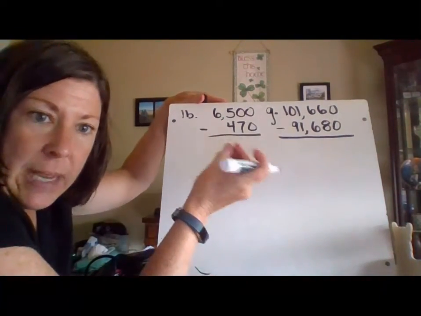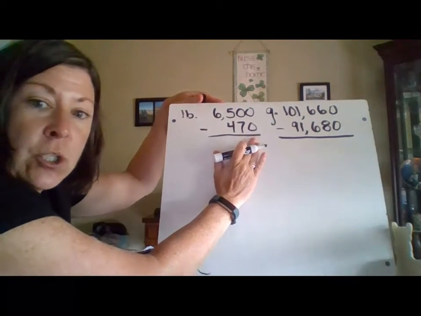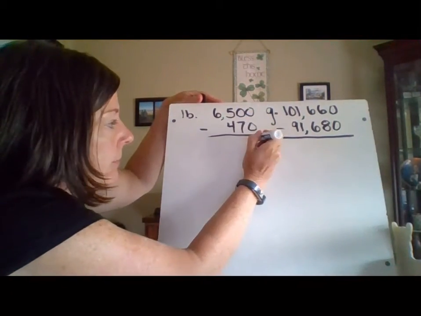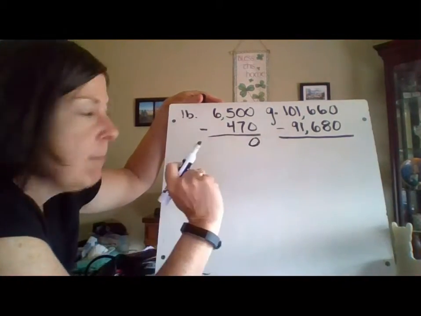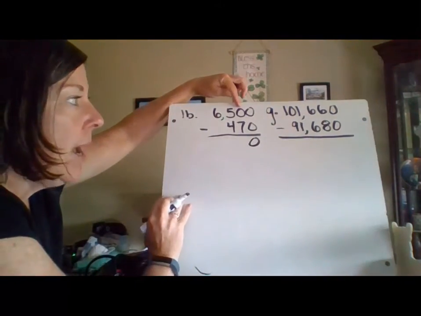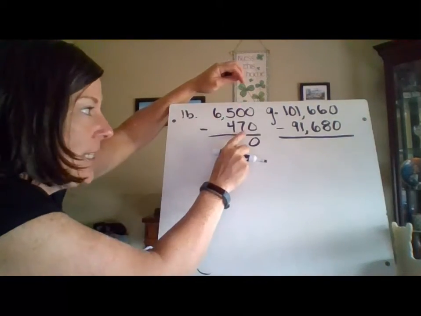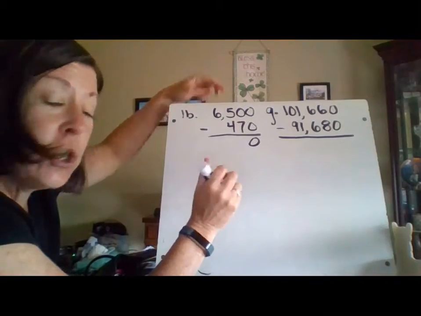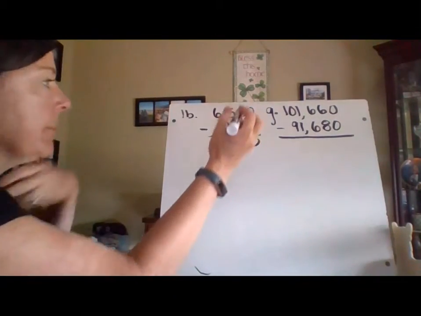So remember, whether I'm adding or subtracting, I always start in the ones place. 0 minus 0, 0. I cannot take 7 from 0. I don't have enough, so I have to borrow.